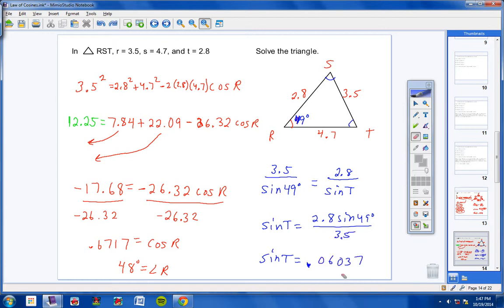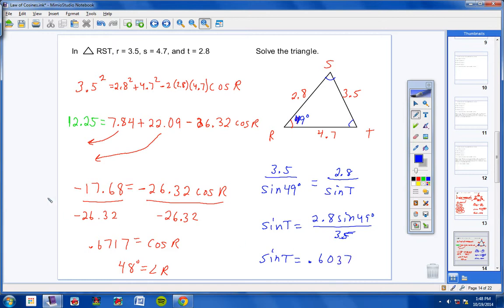So here we go. 2.8 sine of 49 degrees, enter, divided by 3.5, enter, and you should get this right here. 0.6037676642.